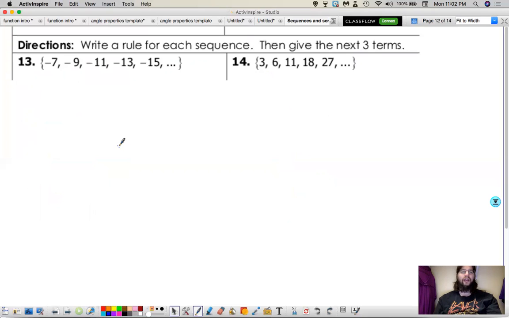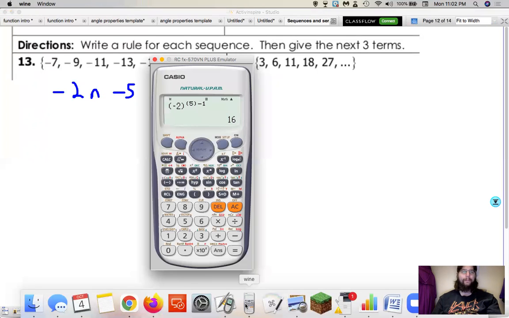It looks like I'm going down 2 each time, right? That helps a lot. So it's negative 2 times n. I know I need to do that. Now I need my first term to be negative 7. So if I plug in a 1, that would be a negative 2, so minus 5. This should work. Let's try it out.